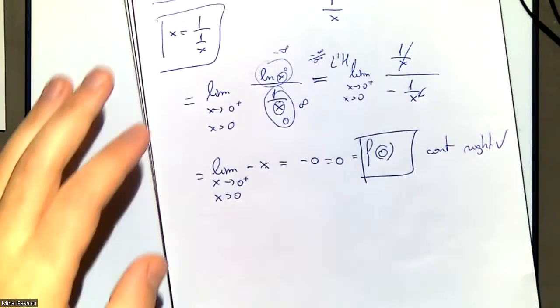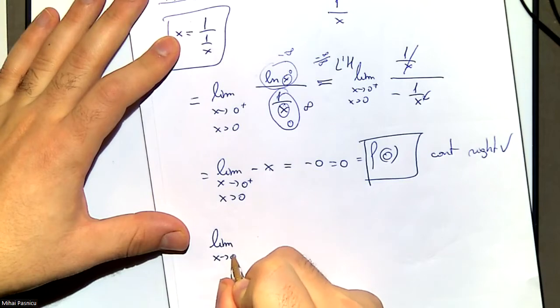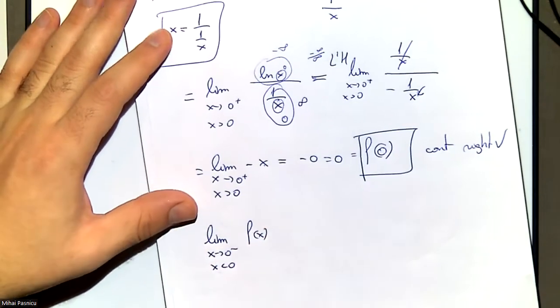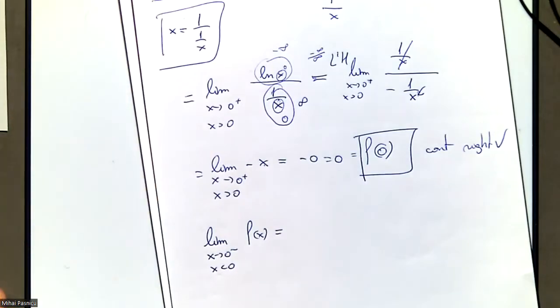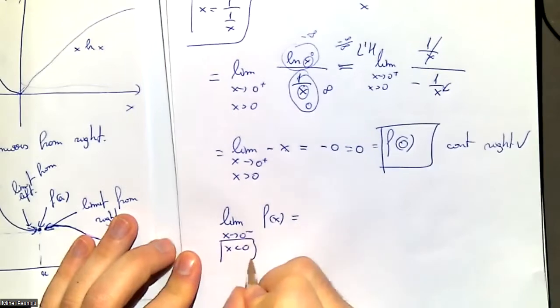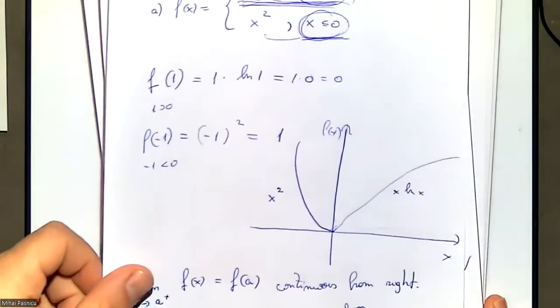the limit as x goes to 0 with a minus, so x smaller than 0, of f of x. Now, this is much simpler. Why? Because if x is smaller than 0, I have to use the other channel, or however you want to call it.